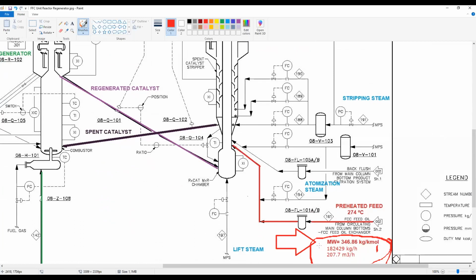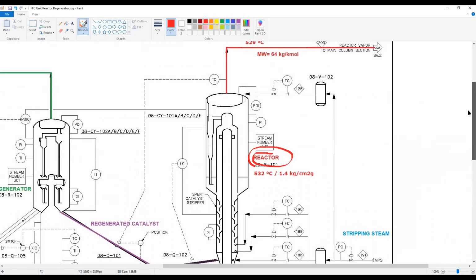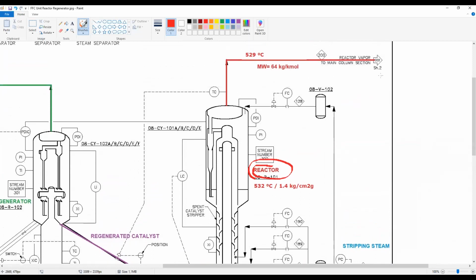We go to the reactor. That is here, the reactor that operates more or less at these conditions, and we have our products at the top. The reactor vapor goes to the main column. Here we have stream 200.